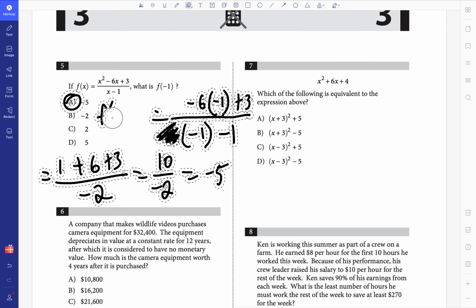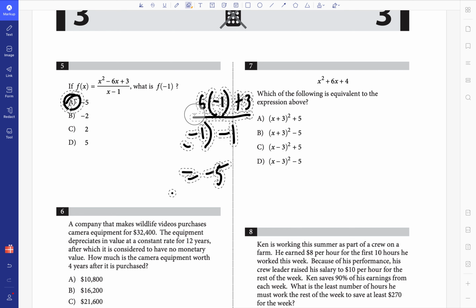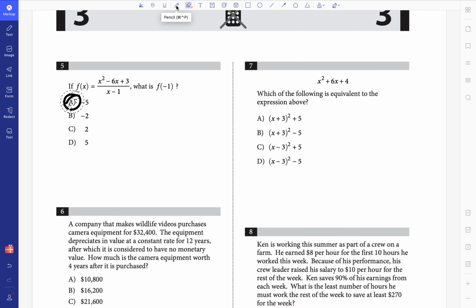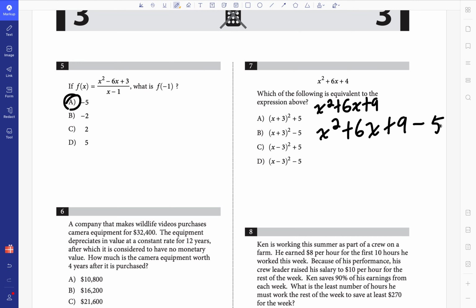Okay, so here, I know that this is a perfect square, x squared plus 6x plus 9. But I have x squared plus 6x plus 4. So that means my equation is x squared plus 6x plus 9 minus 5, right? Because 9 minus 5 is 4.